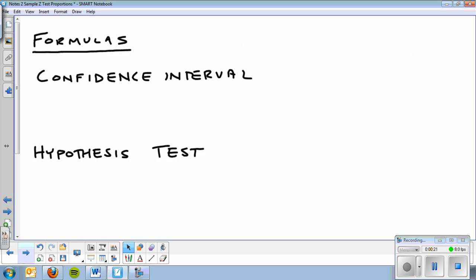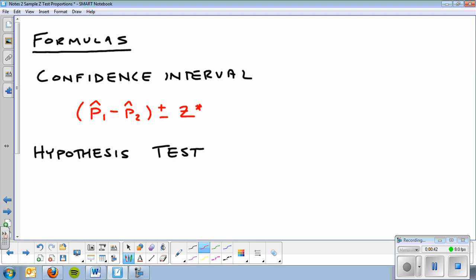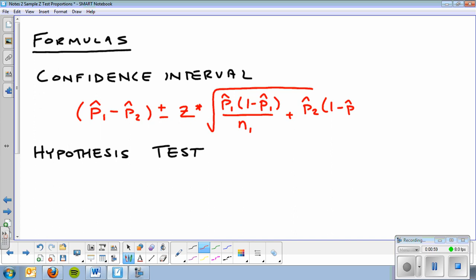So the first thing we start off with are some new formulas. Now for a confidence interval, the formula for a confidence interval for the difference of two proportions is p hat 1 minus p hat 2 plus or minus z star times our standard error formula, which is the square root of p hat 1 (1 minus p hat 1) over n1 plus p hat 2 (1 minus p hat 2) over n2.